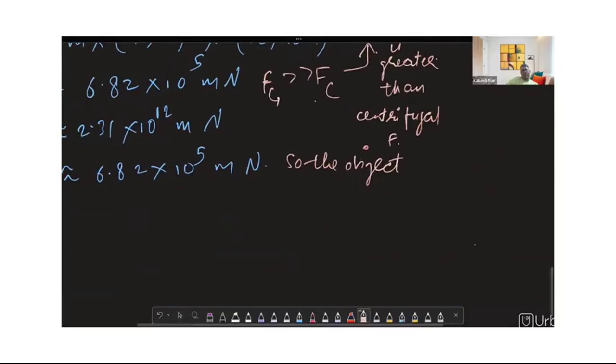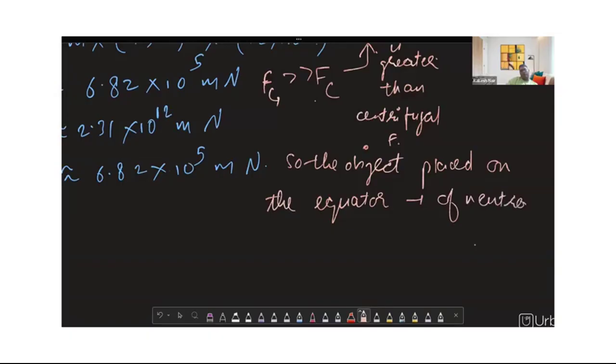So the object which is placed on the equator of the neutron star will remain stuck.